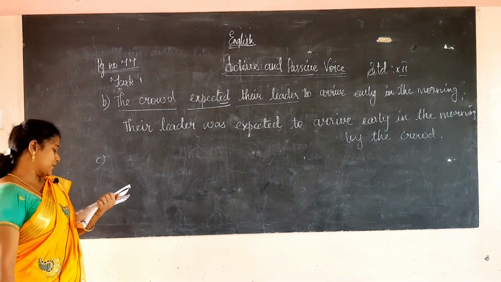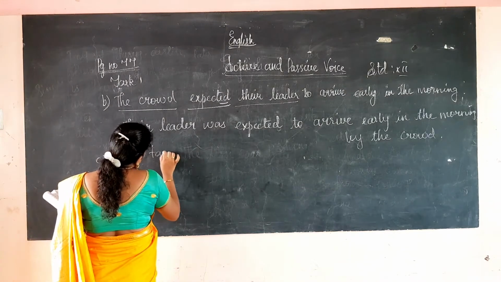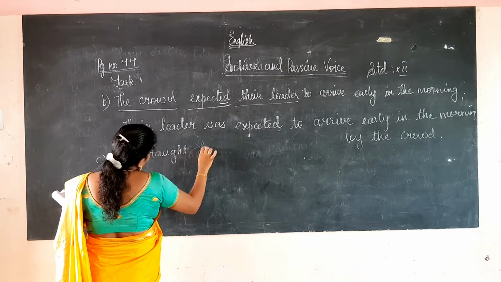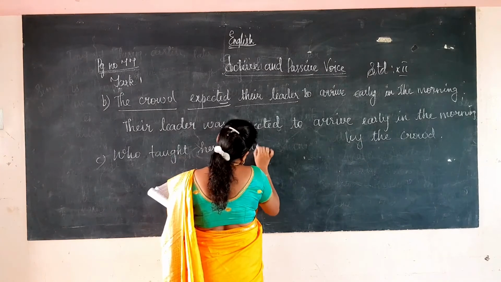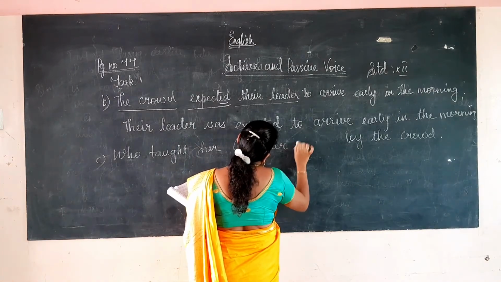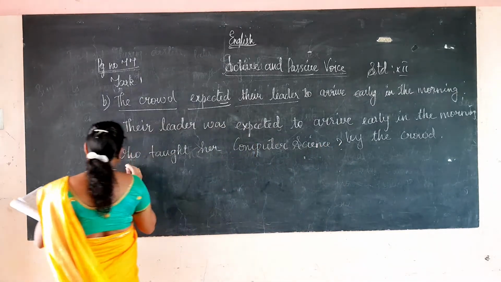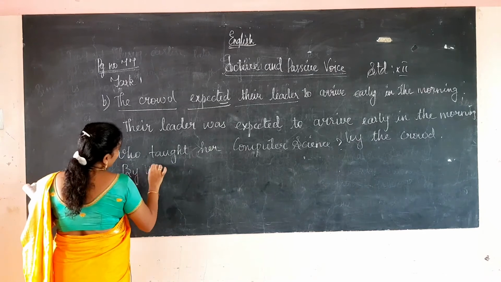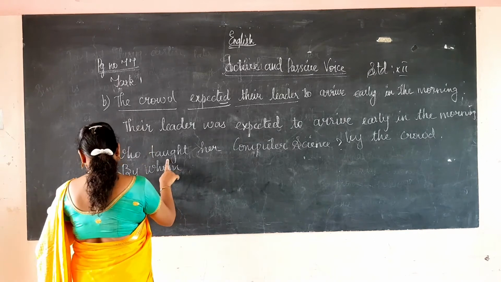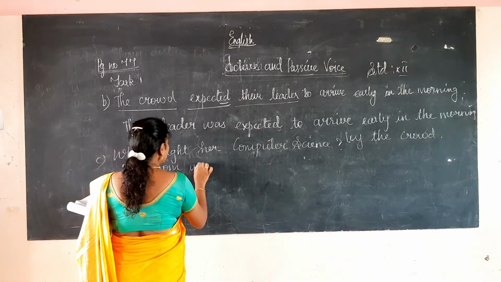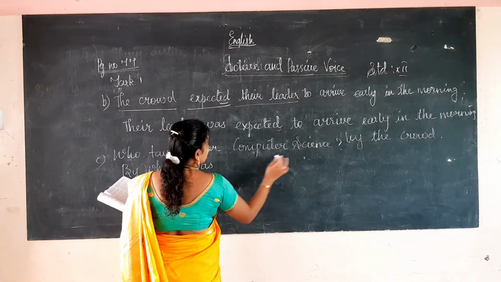Who taught her computer science? Who taught her computer science? It is in the interrogative form. So, who is there? So, we can change it to by whom taught her computer science. Taught is in the form of past tense. So, we have to use was. By whom was? This is an object.